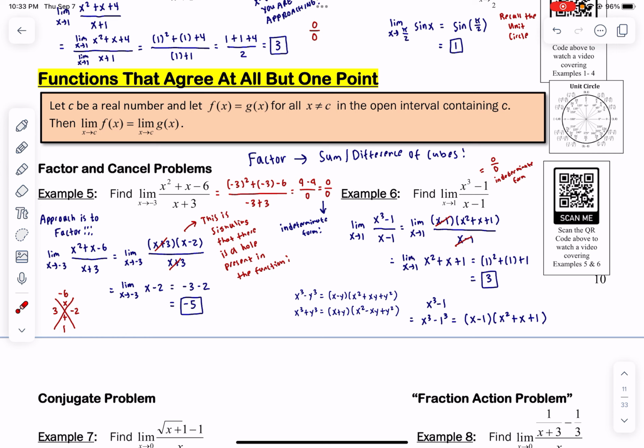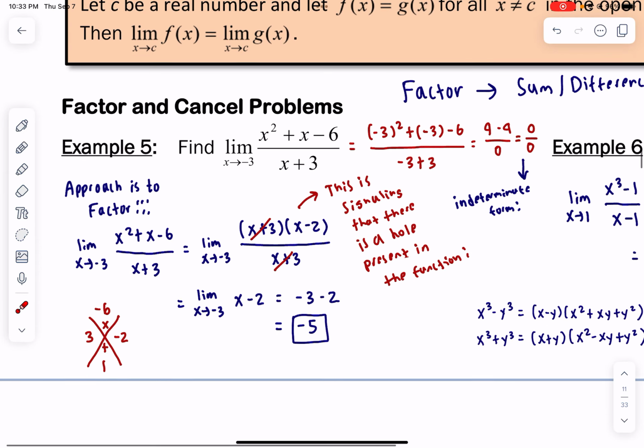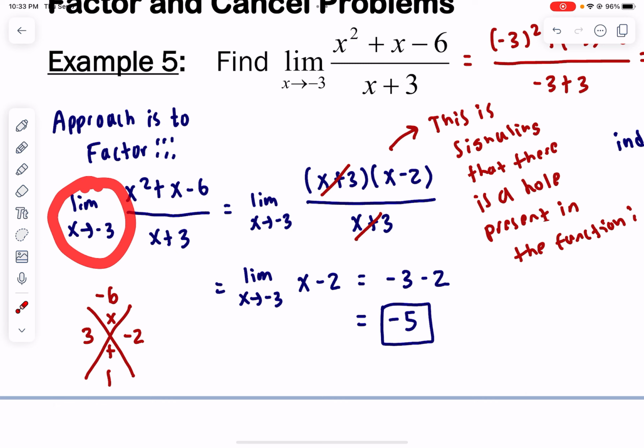Hopefully example number 6 made sense. And example number 5. One thing I want to point out here though, I cannot emphasize this enough. If you look at our process for example number 5, we made sure we kept that limit throughout the whole thing until we got to the last step where we plugged it in. That is super, super important.